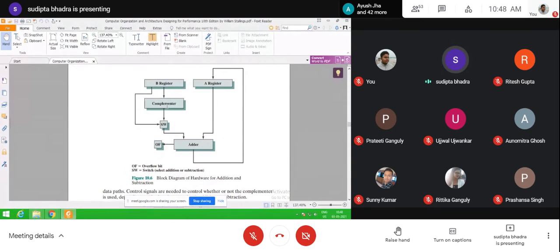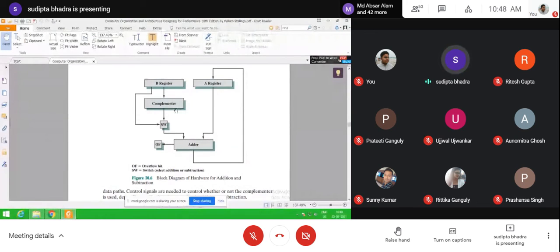The 2's complement of a number is nothing but the 1's complement plus 1. So this complementer complements the number, and then we add, and the result goes into a register. The same circuit can be used for addition as well as subtraction with the help of the complementer.